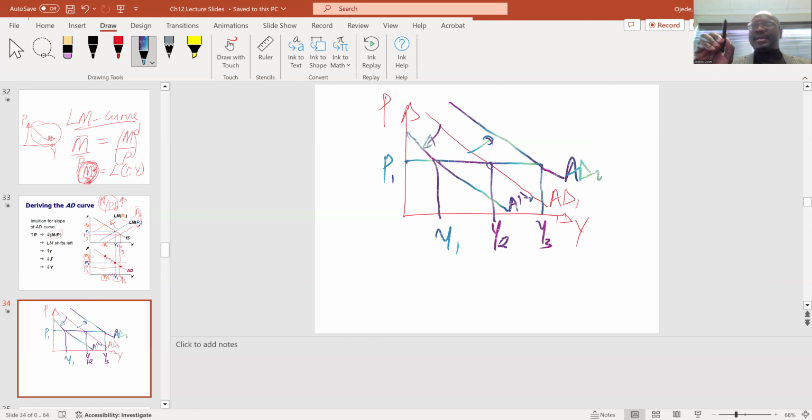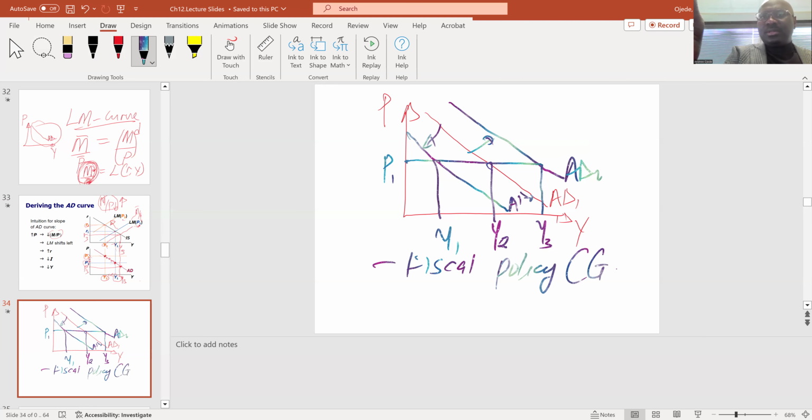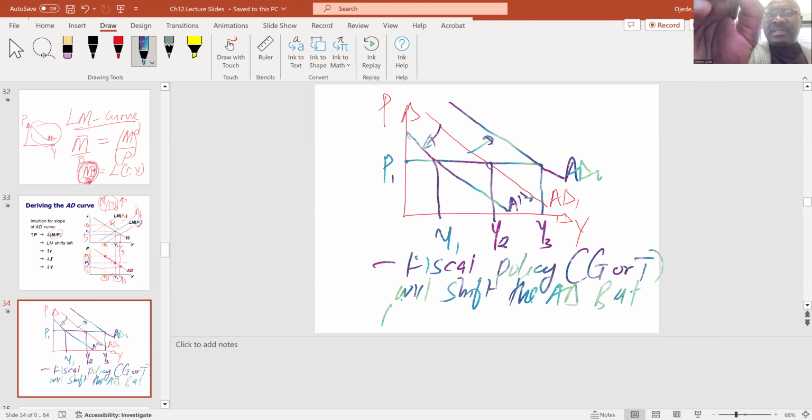And we know that fiscal policy, which we talked about in chapter 10, involving G, government spending, and taxation, will shift the aggregate demand curve. But in chapter 11 and chapter 12, we also found that it will shift the IS curve.